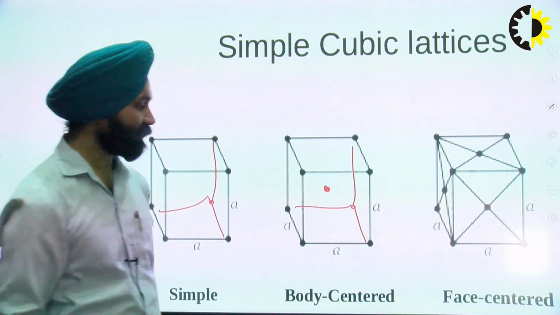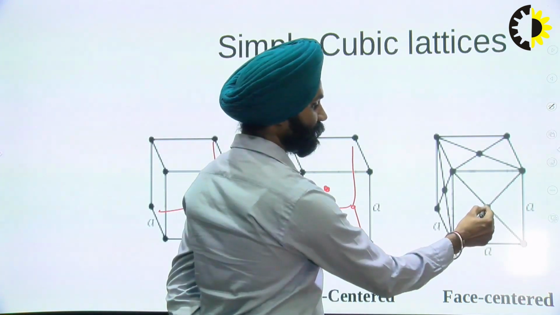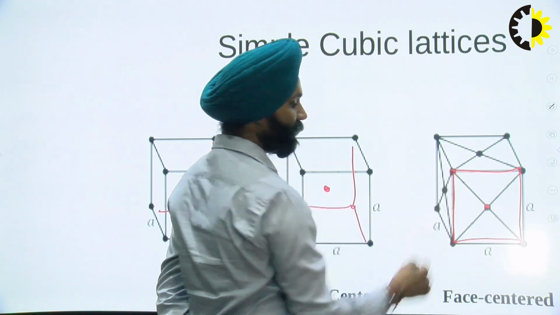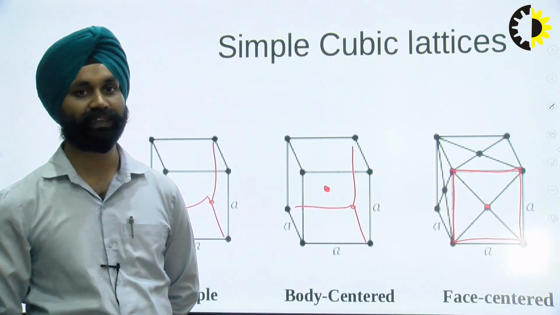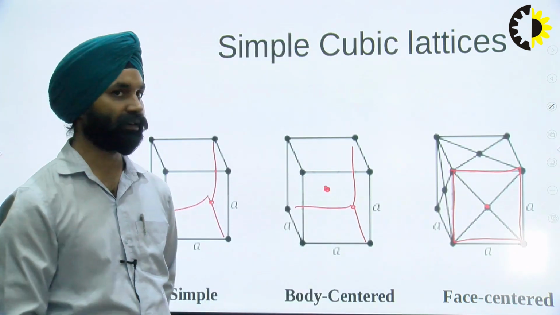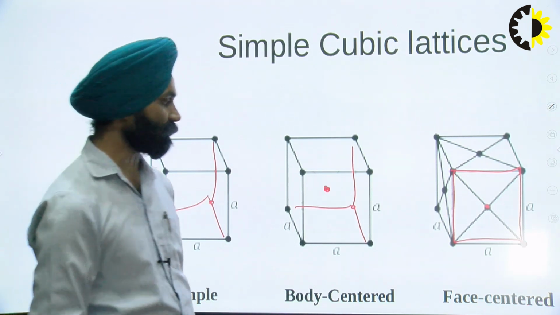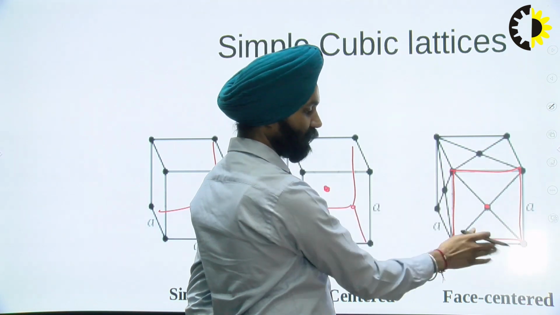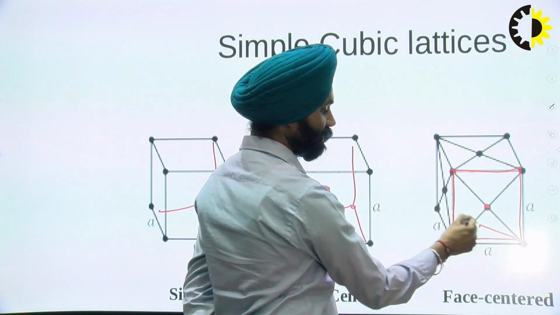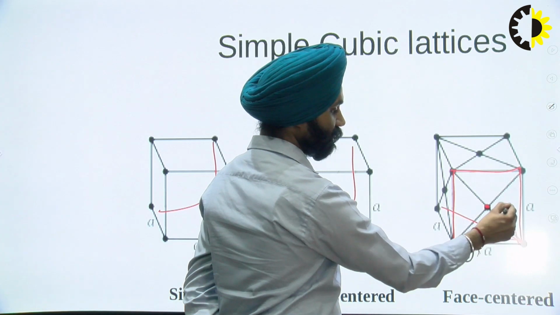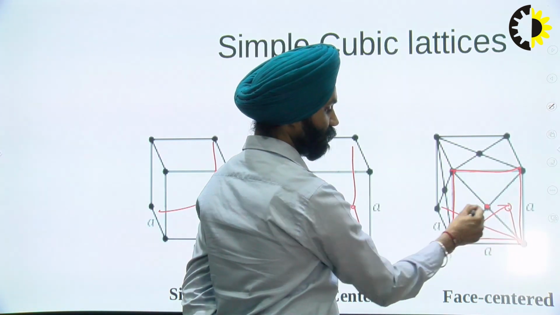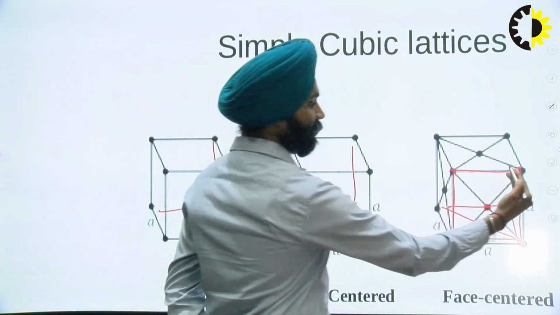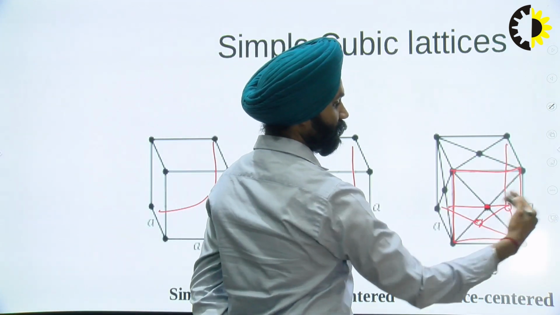The face centered lattice has one atom at each face of the lattice. There will be one atom at this plane, one at the top, and one at the bottom, which can be represented like this: one atom here, one atom here. This is at the bottom plane, and one here at the right side plane.